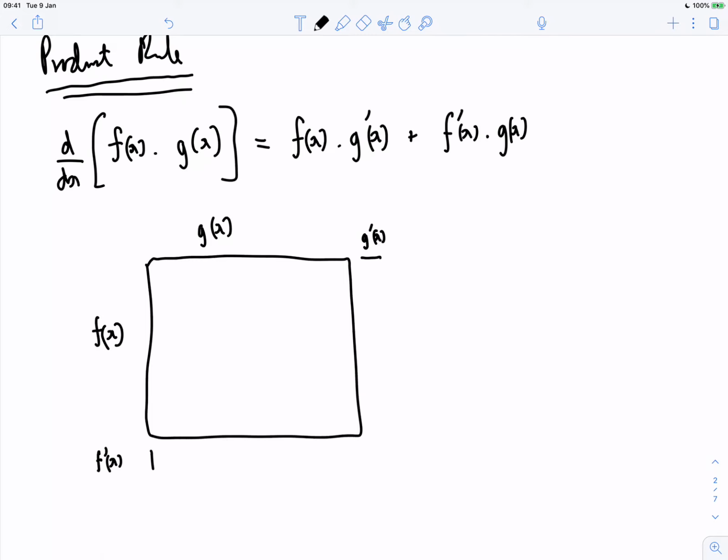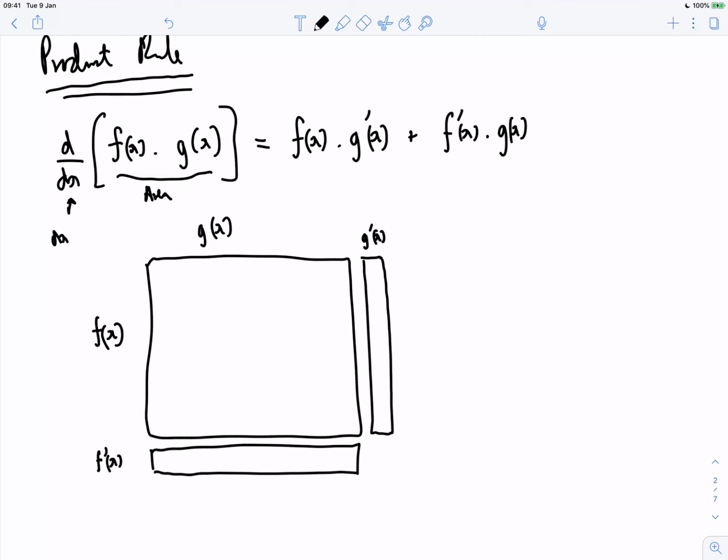And I want to know how the area, because essentially this is an area, changes as you increase x by a small amount, dx. So what's going on here? Well, you're going to introduce a small rectangle like that, a small rectangle like that, and then a small little rectangle down here.